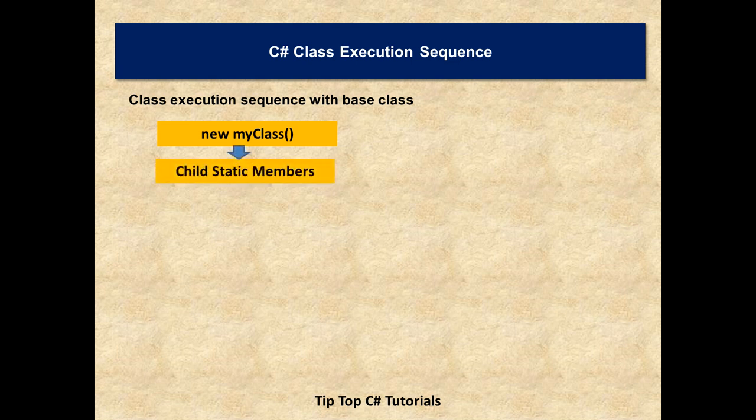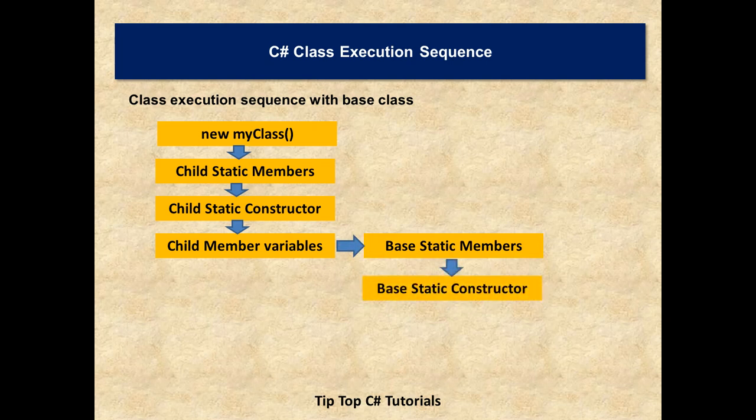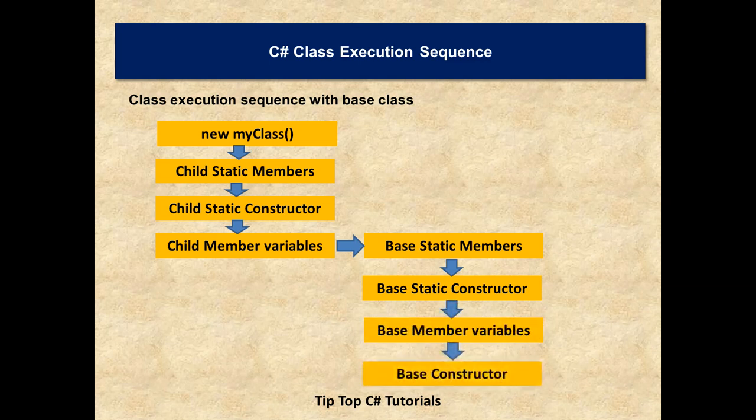Now if we see, when I create a class which is deriving from some other class, child static members will be executed first, then the child static constructor, then the child member variables. Once it is done with the child member variables, the base static members will be created, the base static constructor will be called, the base member variables will be created, and then the base constructor, and then the call goes back to the child constructor, which completes the construction of the object.